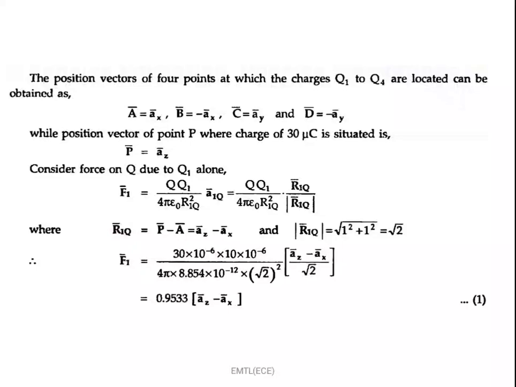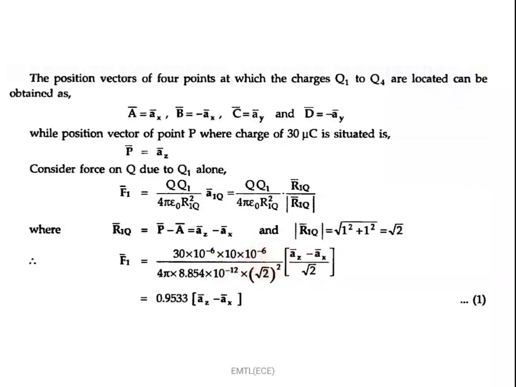Therefore the mod of R bar 1Q is the square root of 1 square plus 1 square, that is square root 2. Now substitute these values in this formula, that is Q1, Q2, the R bar vector, the magnitude of R bar, and also R square. Here the Q charge is 30 microcoulombs. To convert into coulombs, that is 30 into 10 power minus 6, and Q1, the charge on A, is 10 microcoulombs.